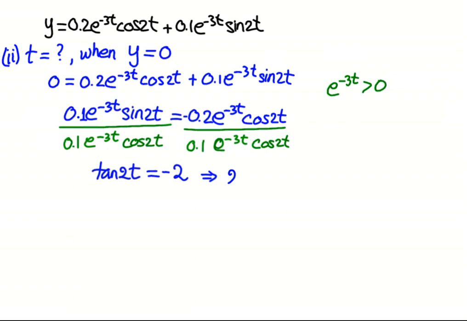So we say 2t equal to tangent inverse of negative 2. Notice that this is the first time it happens, so we just let that equal to 0. We're going to use the calculator for this one. Tangent inverse of negative 2. Make sure that it has to be in the radian mode. So it is in the radian mode.